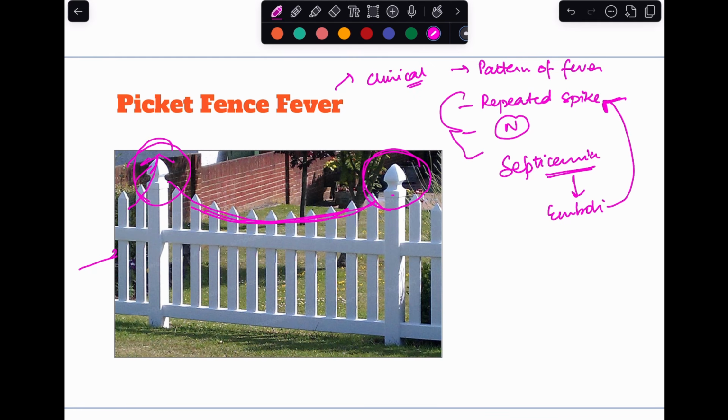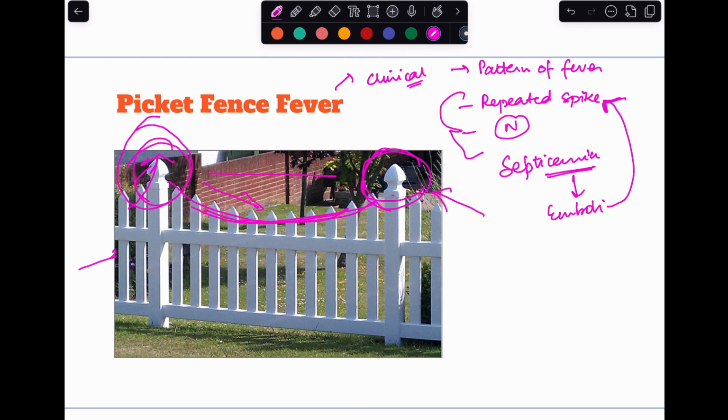And when there is a fall in temperature, during this time, the patient will also have profuse sweating. In between these bouts of fever, the patient will be alert with a sense of well-being. And again, when the fever comes in, the patients will not be feeling well, and their consciousness level will change.